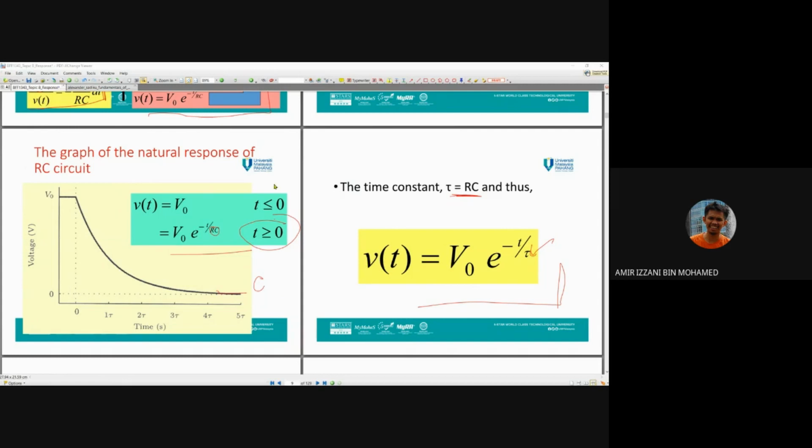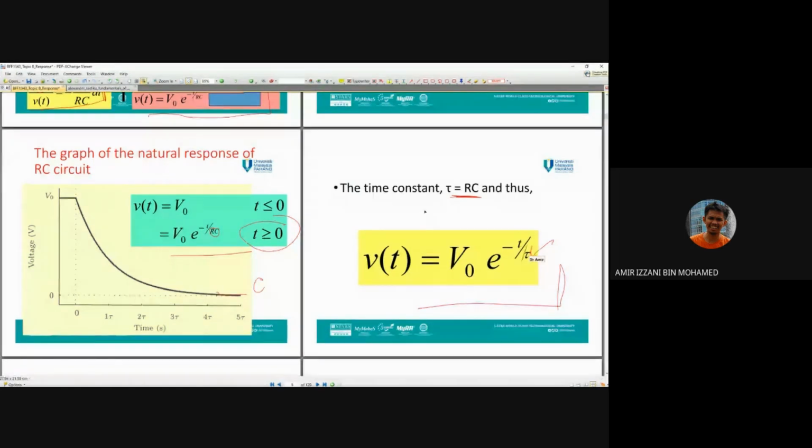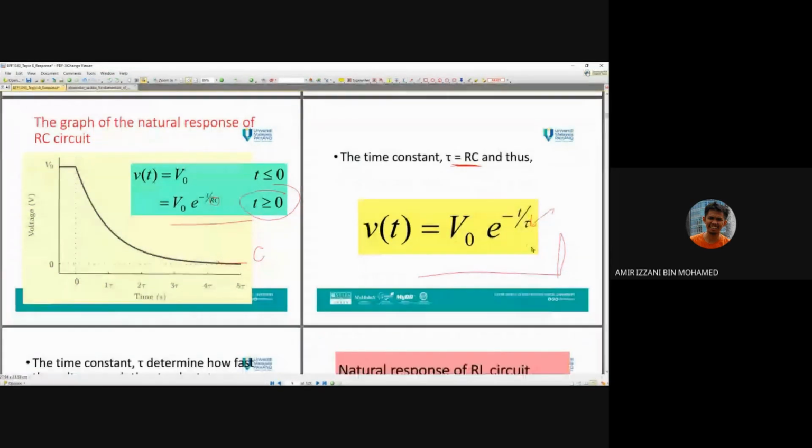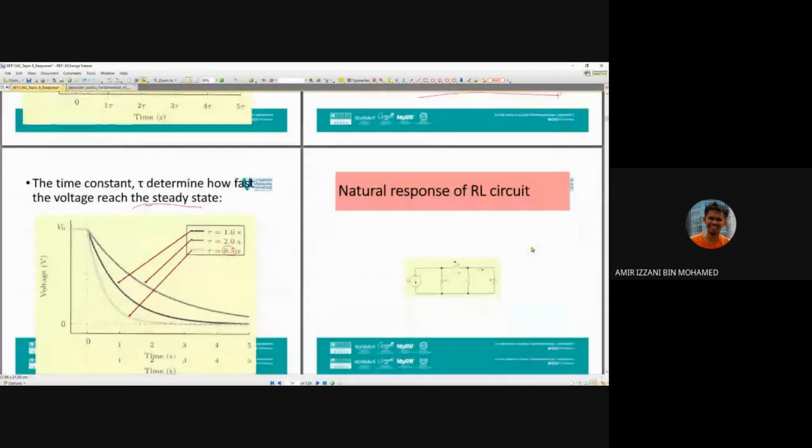In this case, the time constant for the RC circuit, tau, is this part: tau equals RC.